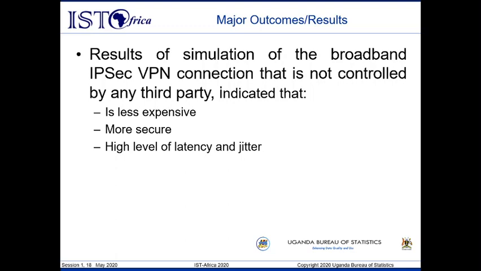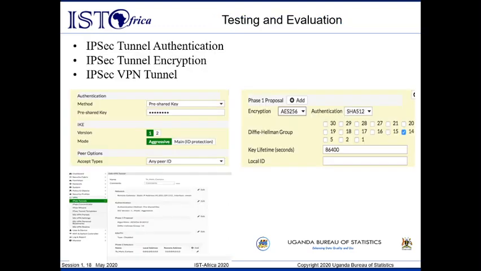For testing and evaluation, we were able to use the ping tool to measure success of the connectivity, and Wireshark to capture the traffic, and along the way we used different protocols. We used the IPSec protocol, and IPSec, for those who know, makes use of the key exchange, IKE, and the management protocol for key management.